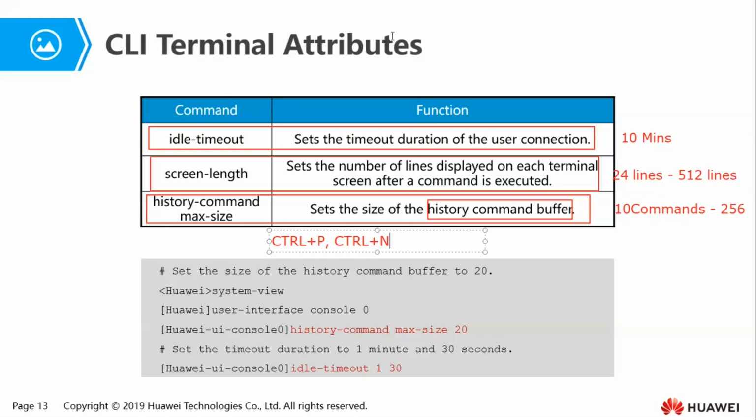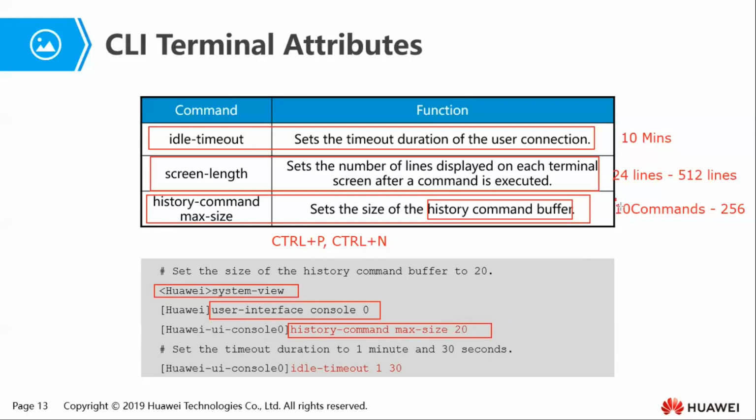So don't forget that. So what is happening in this particular example? Let's see. We are moving to system view. Then we are creating a console interface: user-interface console 0. For the console interface, we are saying that we want to extend the history command buffer from 10 to 20.